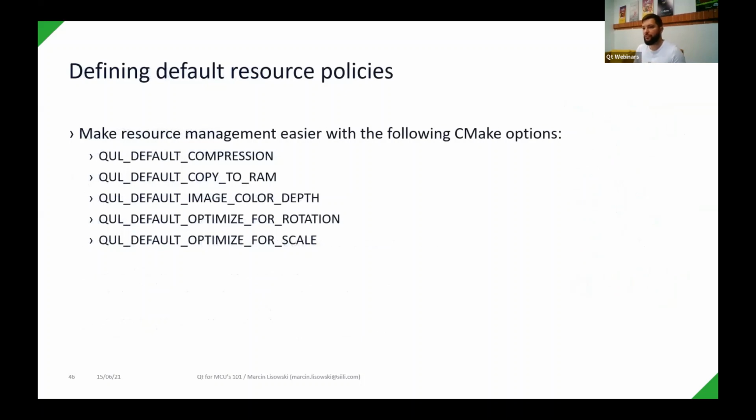All of those also have a default equivalent. So if you are setting one of those, you are just telling Qt for MCUs that by default, I would like to have compression on all of the images, or I would like all images to be copied to RAM and so on. Still, if we are using the default, you are just defining the default state.